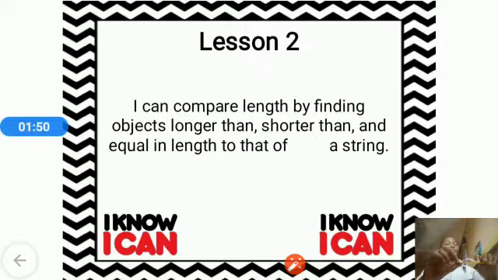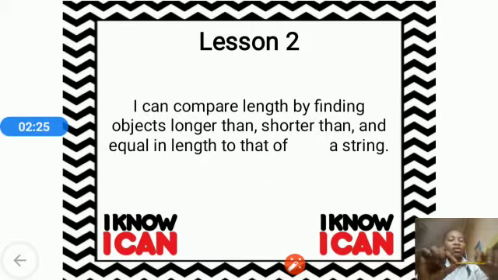Okay. And also, get prepared your string. This is my string. Can you see my string? Yes. And my string is about 6 centimeters long. Also, make use of your centimeter ruler. Make sure you use the centimeter part of your ruler. It is written boldly there, cm, centimeter.